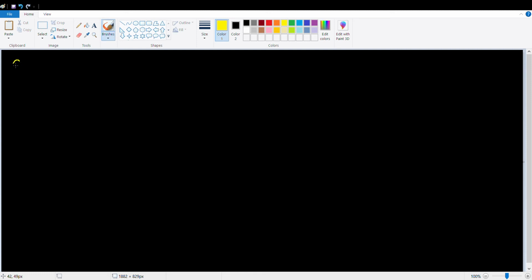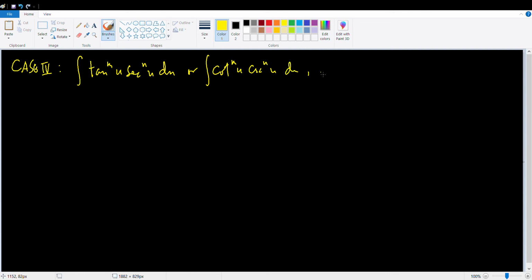Proceeding now to case 4, we have integrals of the form tangent to the m u, secant to the n u du, or cotangent to the m u, cosecant to the n u du, where m is a positive odd integer.